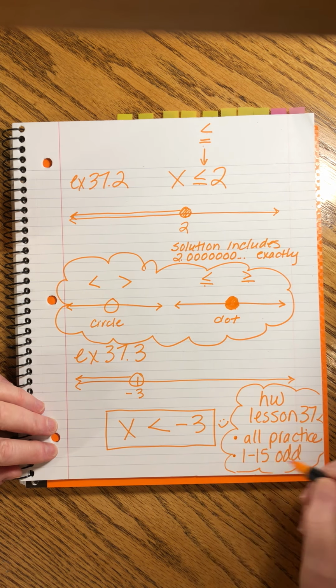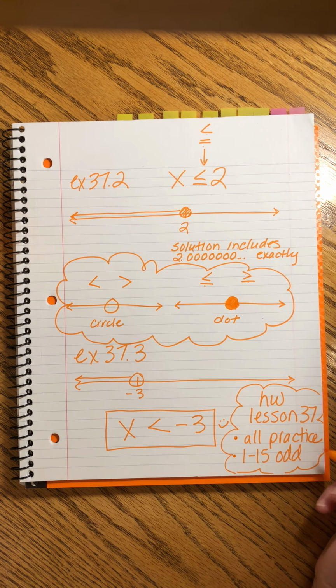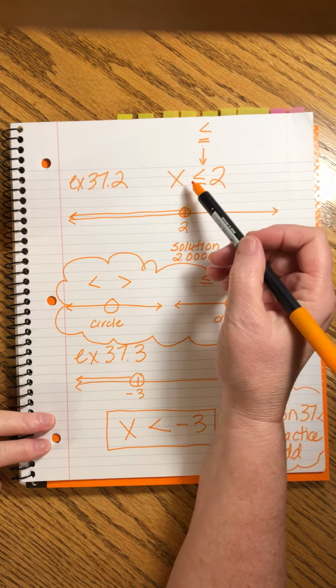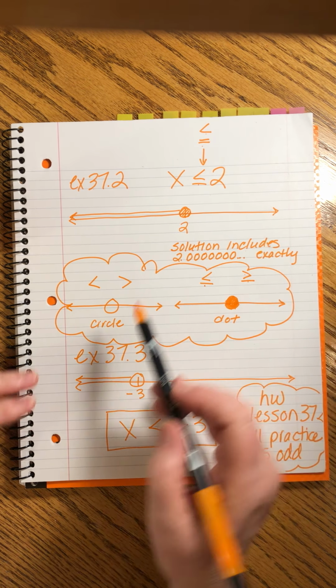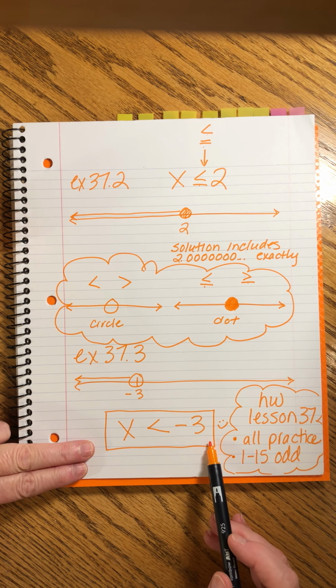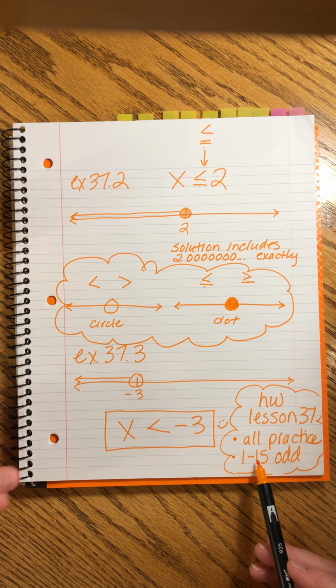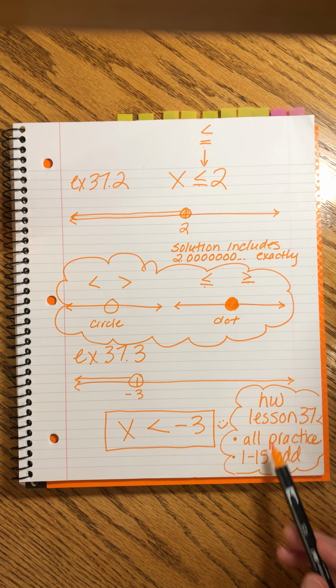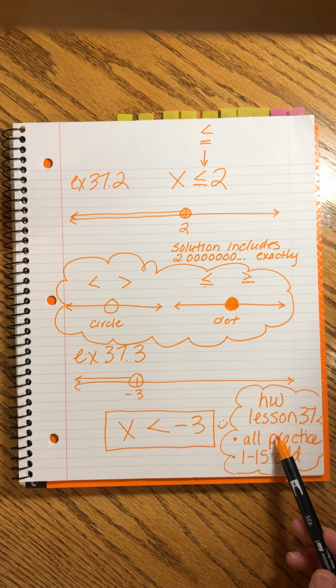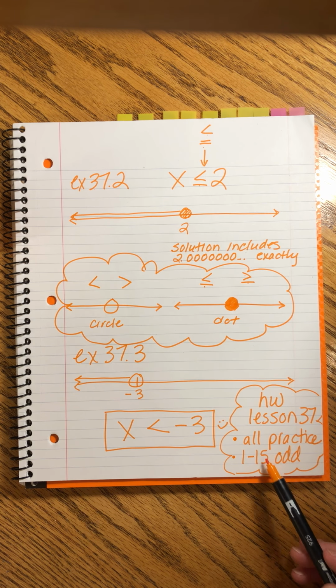And then when you do 1 through 15 odd, I see that problem number 7 is just like this one, where John gives you the picture and you write the inequality, all right? So I'm cutting your homework assignment in half. You're doing all the practice and you're doing 1 through 15 odd. Technically that's not half because I'm still making you do all the practice, but I'm doing half the problem set.